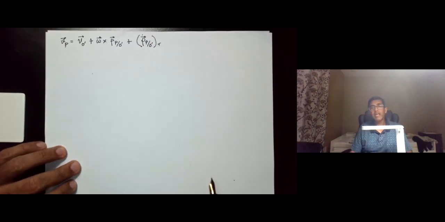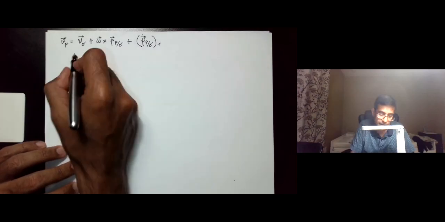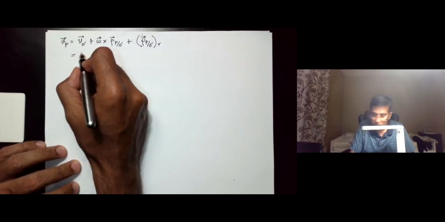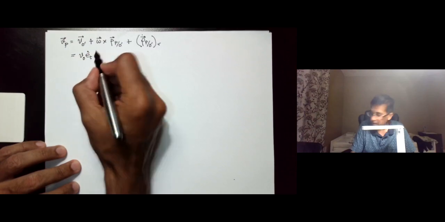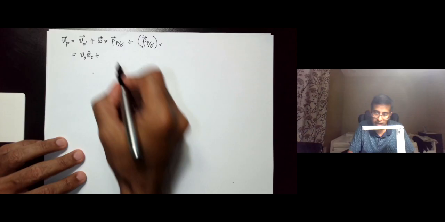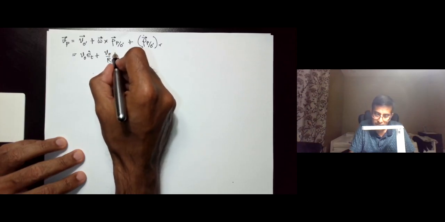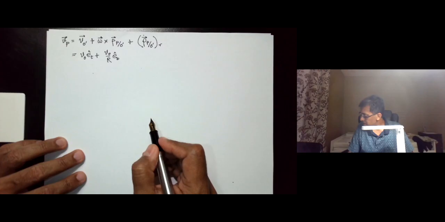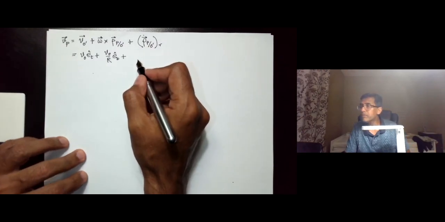This is the equation. We have written all the expressions, so we are going to plug in. Vo prime is equal to V naught Et plus omega is V naught over capital R Eb, plus the rho P with respect to O prime.